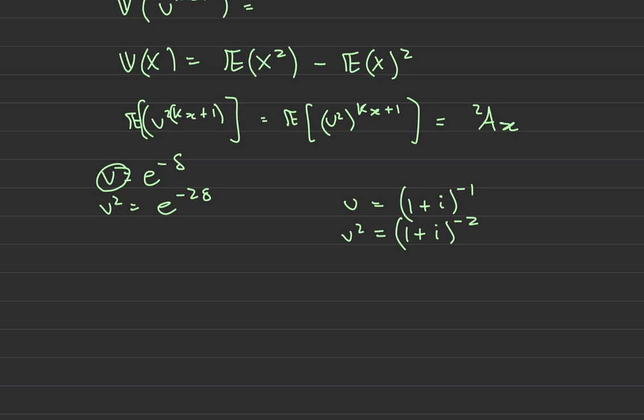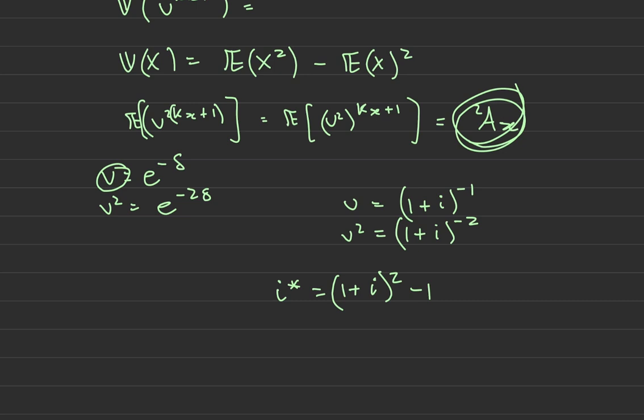Simplifying this, I get that the new interest rate, i star, is equal to (1 plus i) squared minus 1. Okay, and I'll explain how I got that.